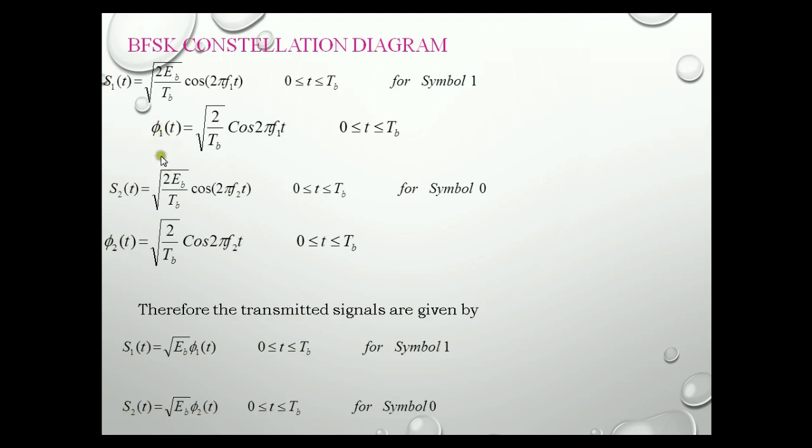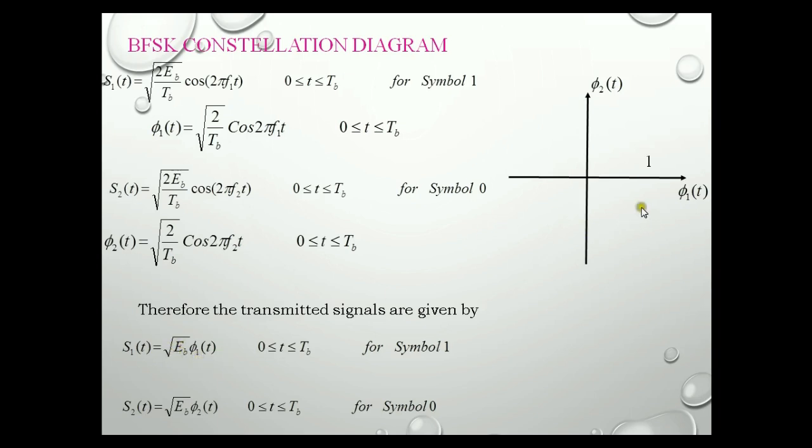So this psi 1 of t and psi 2 of t are known as the basis functions, and we know the rule that the basis functions will be perpendicular to each other. So now let us consider the imaginary line along the x-axis as psi 1 of t and along the y-axis as psi 2 of t. Now for binary 1, the FSK signal will have a magnitude equal to square root of EB with respect to psi 1 of t.